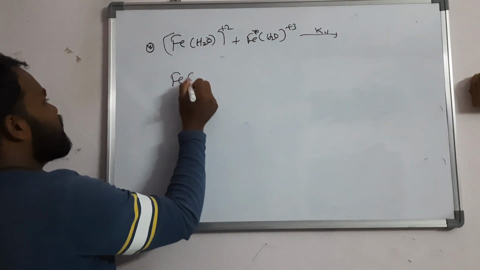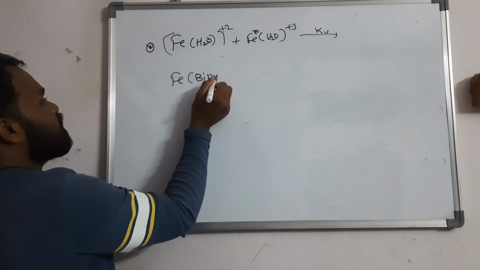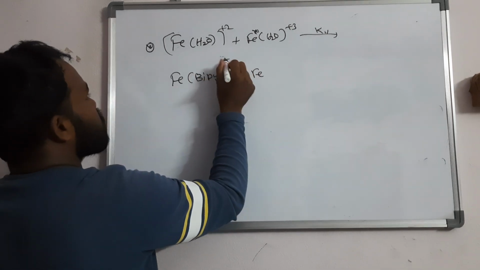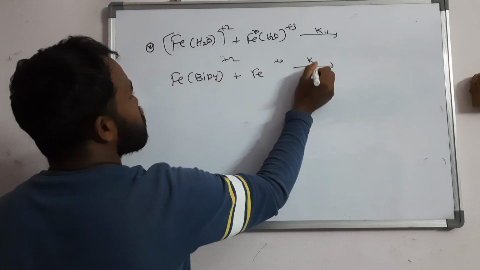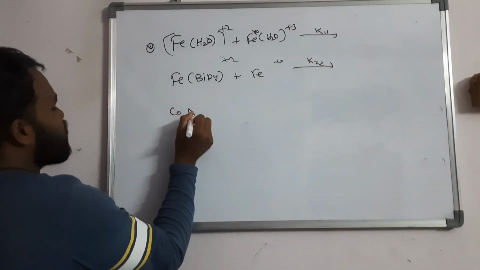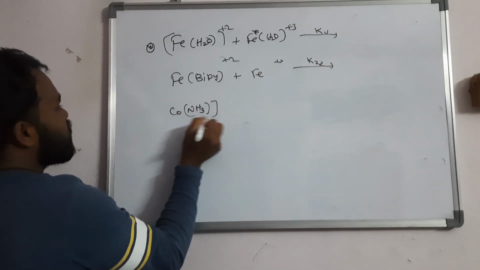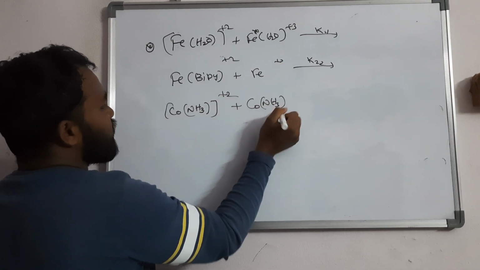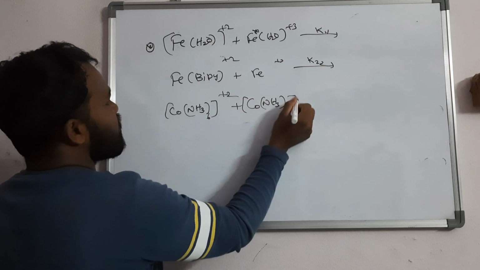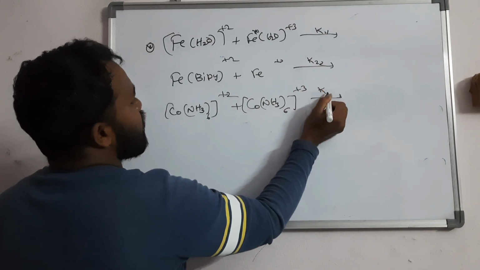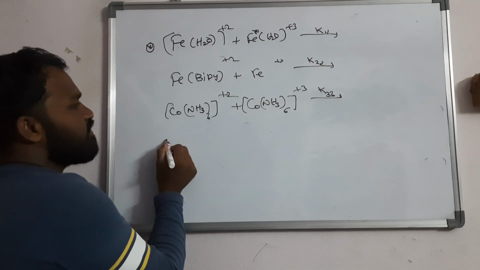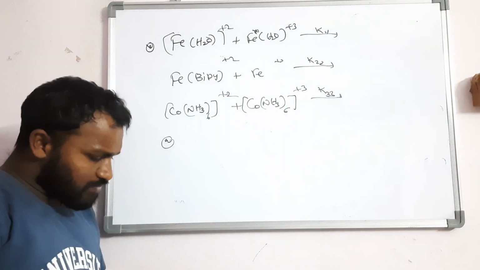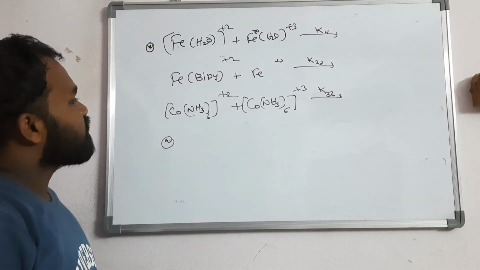For iron with bipyridyl, Fe(bipy)3 plus 2 and plus 3, this is K22. Then Co(NH3)6 plus 2, and Co(NH3)6 plus 3, the rate is K33. They ask which of the following possesses the higher rate.